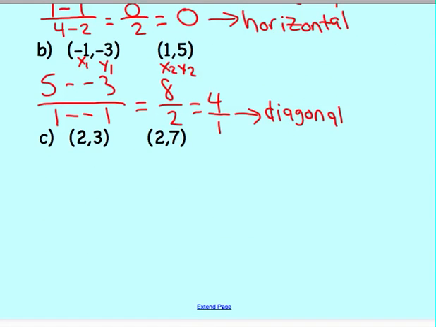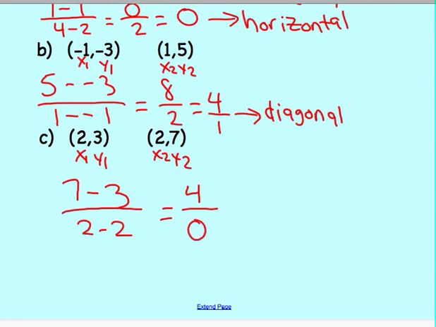If we look at the last one, we get x1, y1, x2, y2. We do 7 minus 3 over 2 minus 2. Uh-oh, what happens here? We get 4 in the numerator, but we get 0 in the denominator. This does not equal 0. This is an undefined slope.